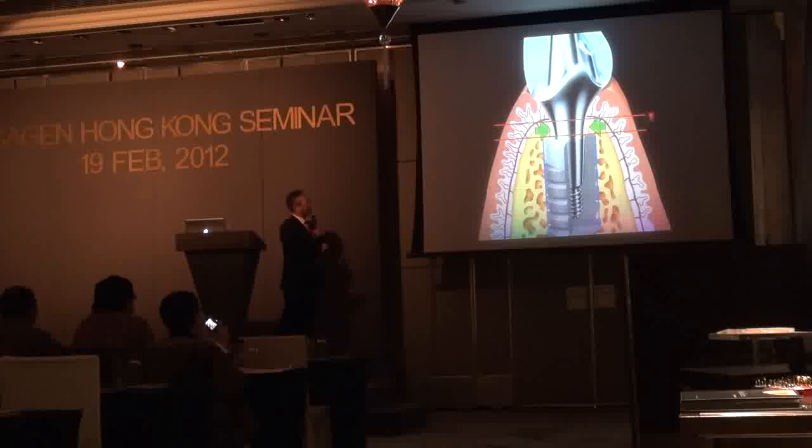But to make this kind of bone response, we should place the top of the implant quite deeply. If we place the implant up to here, it will never make this kind of bone growth. So we should place it quite deep, more than 2 millimeter, sometimes 3 millimeter below the bone. So it's not good. It's too much.